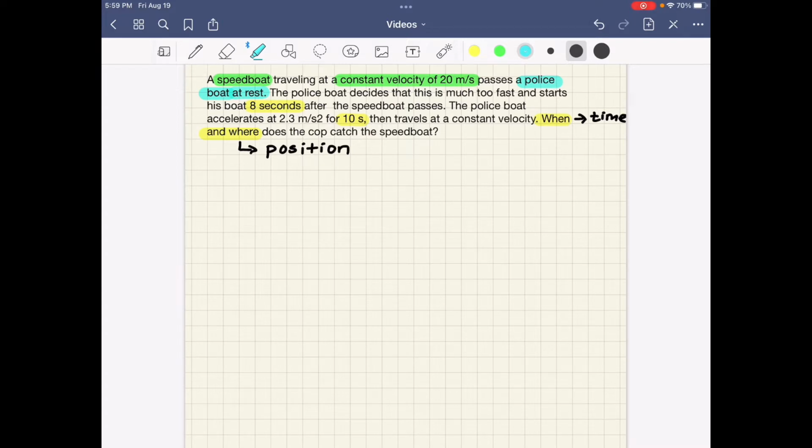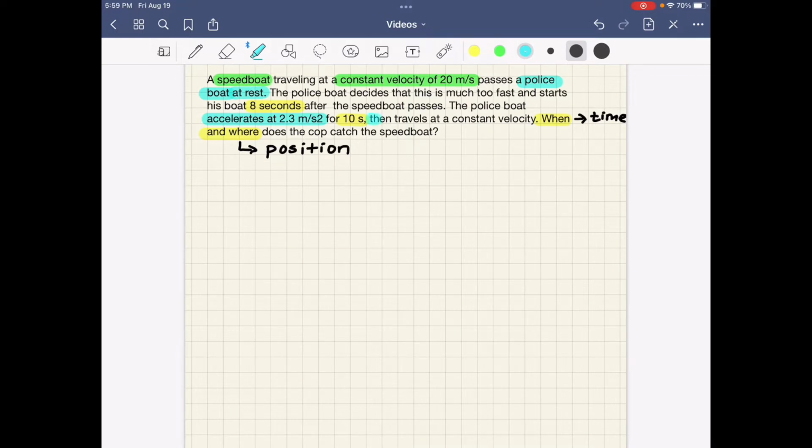No, I'm going to give this guy a ticket. So those 8 seconds, although they're part of the problem, during those 8 seconds, the police is not doing anything, okay? Now we know he accelerates at 2.3 meters per second squared. Now those 10 seconds will help us for the police, but still they apply for both, okay?